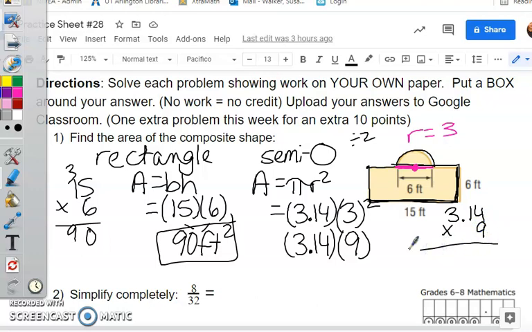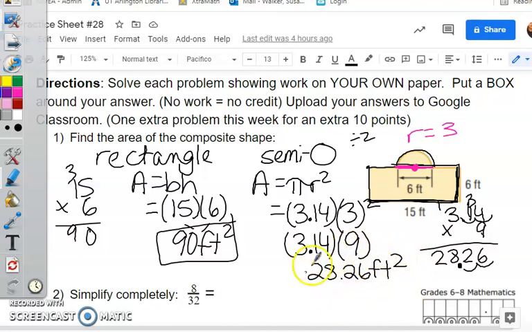So I want you to multiply that. 36, carry the 3. 9 plus 3 is 12, carry the 1. 27 plus 1, 28, is 28.26.